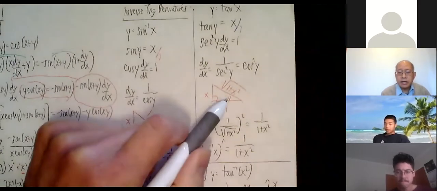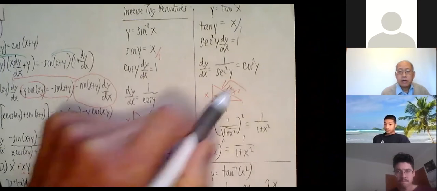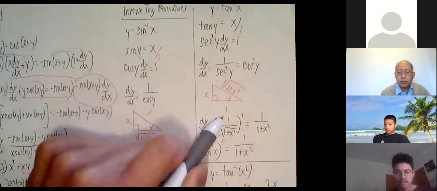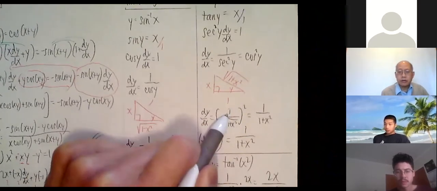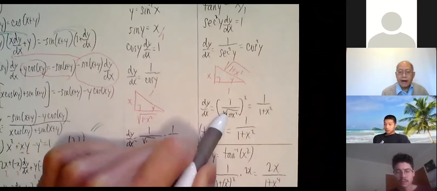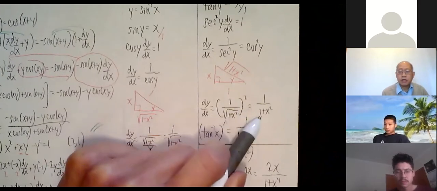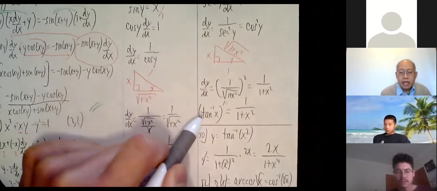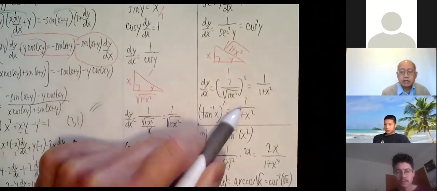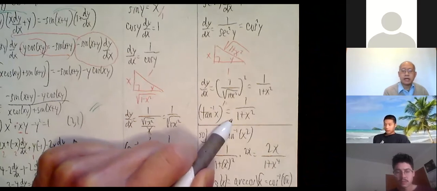The cosine is adjacent over hypotenuse, so 1 over square root of 1 plus x squared, squared, because it's cosine squared. 1 squared is 1. A radical squared, you just take off the radical. So 1 over 1 plus x squared. So bottom line, inverse tangent's derivative is 1 over 1 plus x squared.